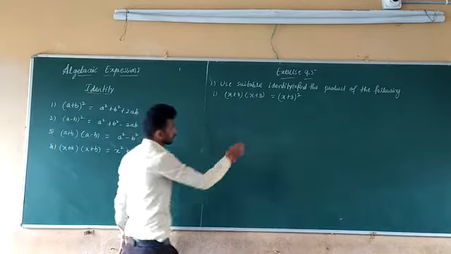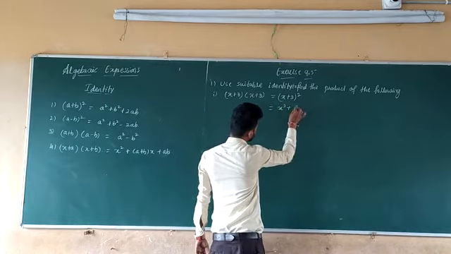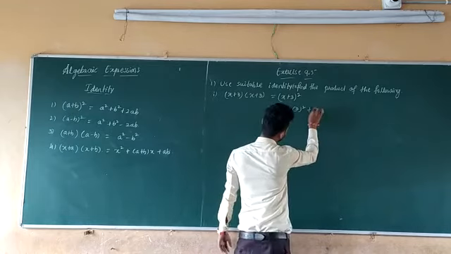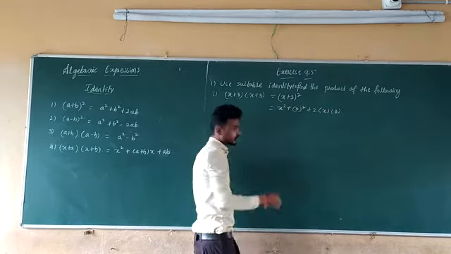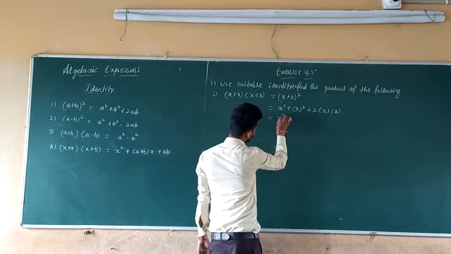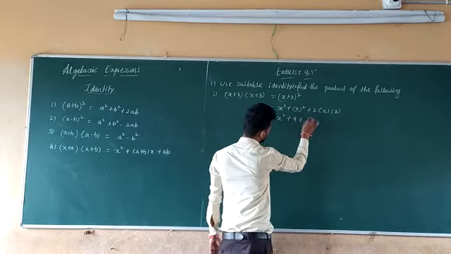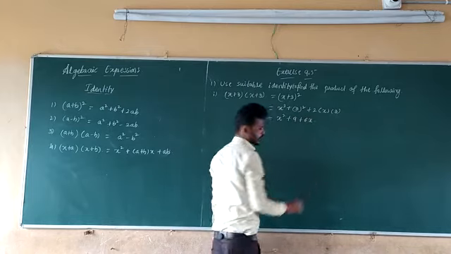Now use that. A square means x square, plus b square means 3 square, plus 2ab. A means x, b means 3. So x square plus 3 square is 9, plus 2 3s are 6, 6 into x, 6x.